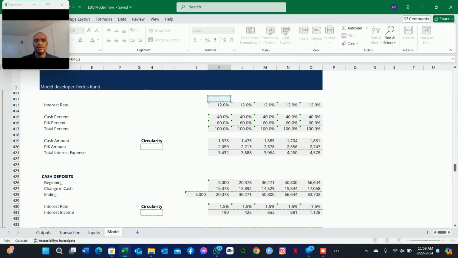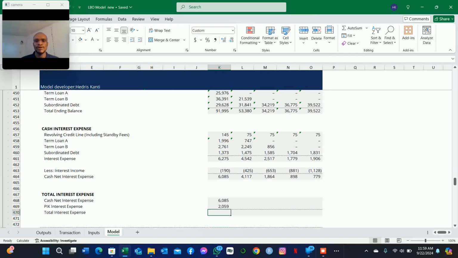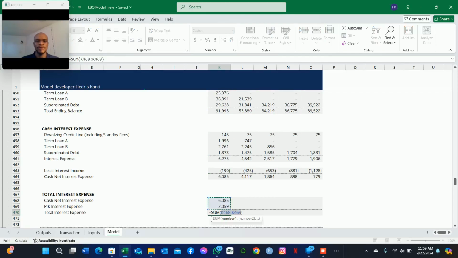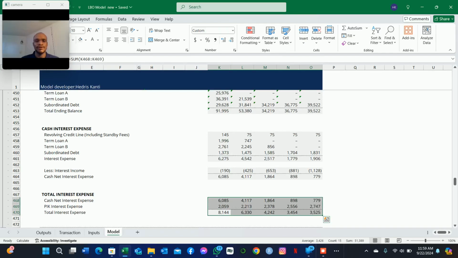So we have to make sure that we reference the PIK amount. So that's the accrued interest here, the payment in kind interest. We will sum all of those, and then we can take this and fill it right with Control R.